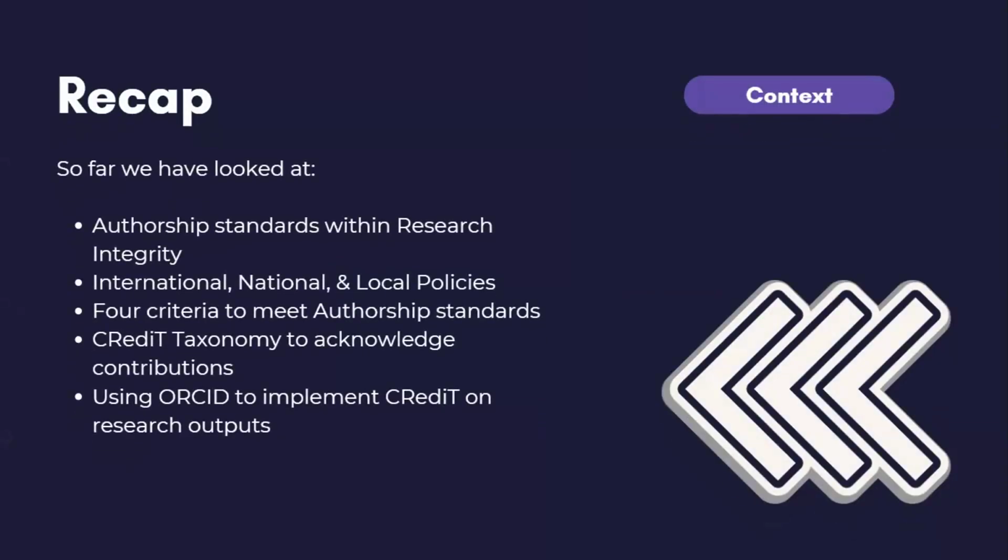To recap, we've covered the standards for authorship within research integrity. We have looked at international, national and local policies and how they inform what we do here in MTU. We spoke last week about the four criteria for authorship standards. We explored the credit taxonomy and how to utilize it, and how we can utilize our ORCID account to express the credit taxonomy in the work that we do.